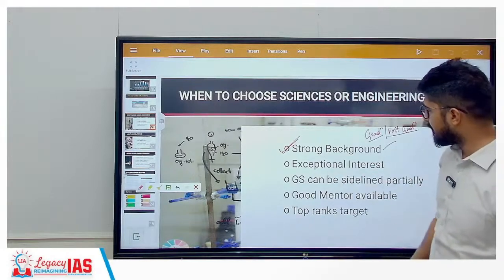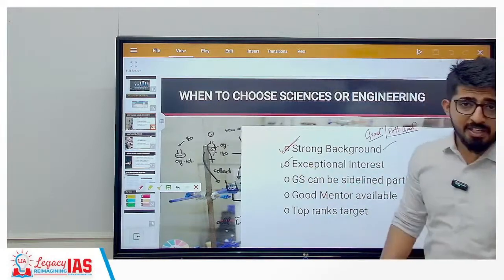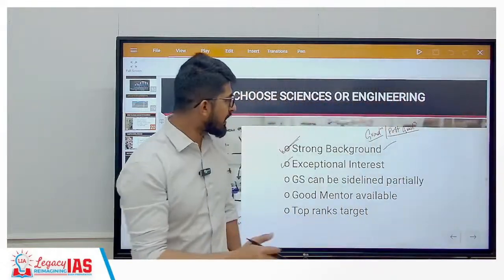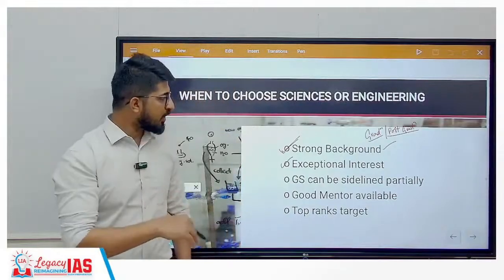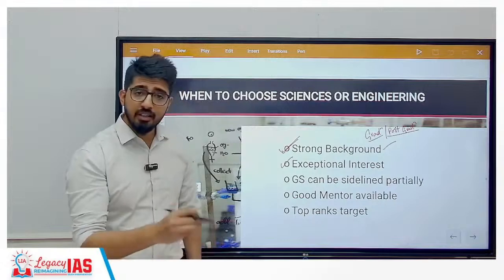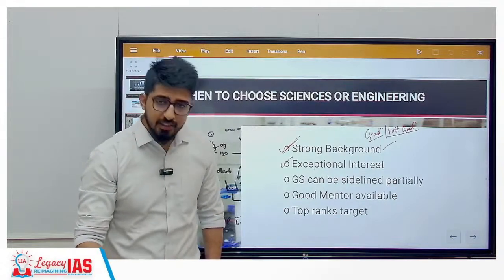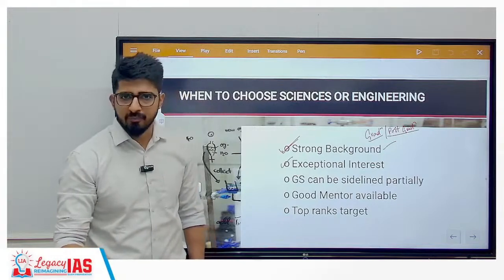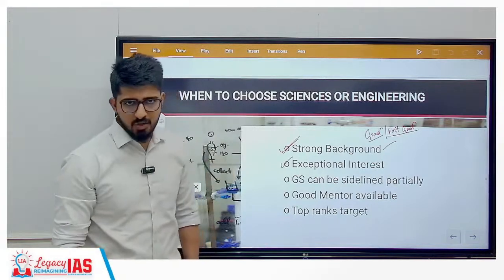This is the first thing. Second, exceptional interest. That interest should have continued till now. Even if you loved the subject, maybe you have lost the love. The interest should be there even today. Then you can go with that as an optional.